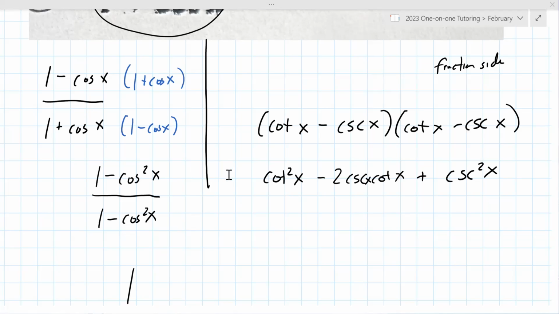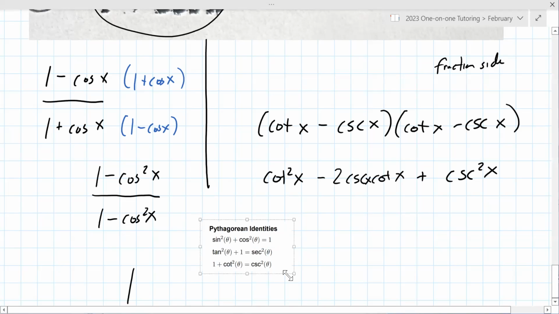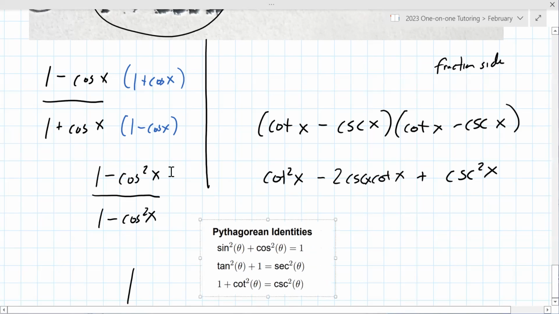Would they all become fractions? Here's your hint. Cosecant squared x equals 1 plus cotangent squared. Okay, so I like that. So that means you're going to substitute in.